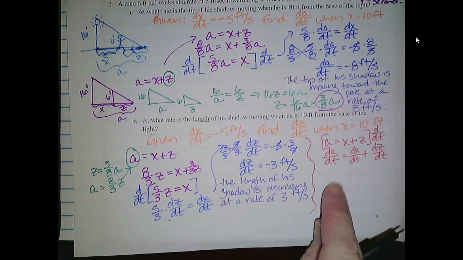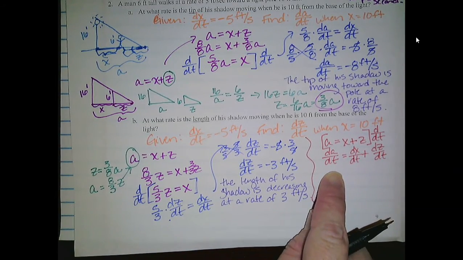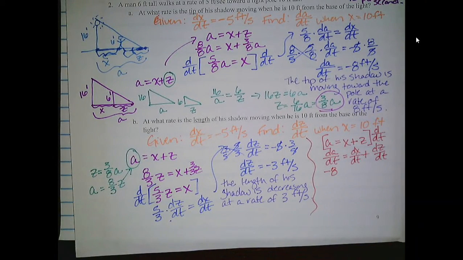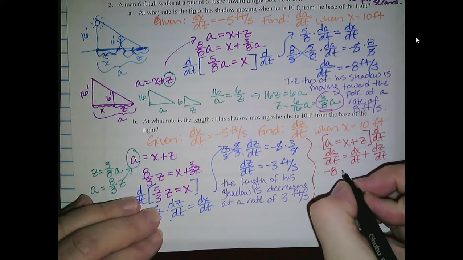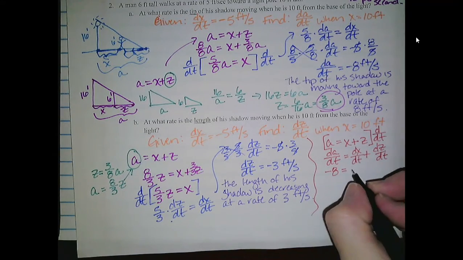In the previous problem, we had already determined that dA dt was -8 feet per second when x was equal to 10. We know that dx dt is equal to -5 feet per second.